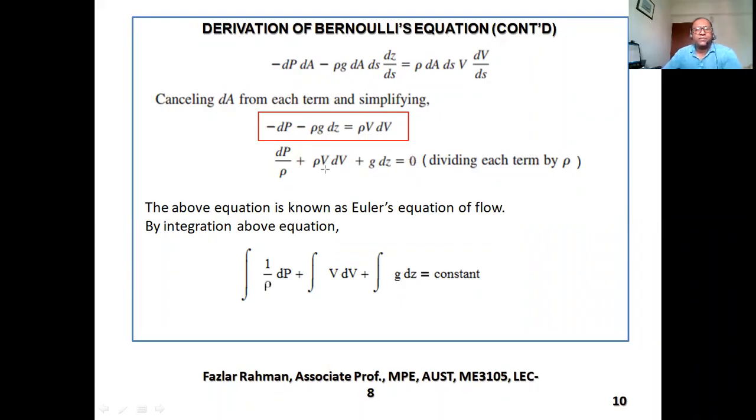So you are getting right over here, since we divide by rho, there should not be this rho with the v. So dp by rho plus v dv plus g dz, dividing each term by rho. Now we do the integration. So after integration, you get the integral of 1 by rho dp plus v squared by 2 plus g z equal to constant.